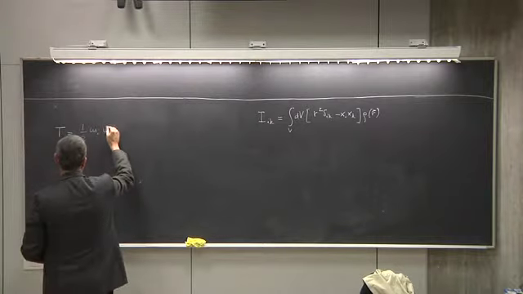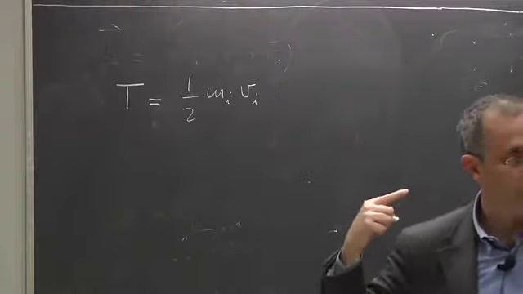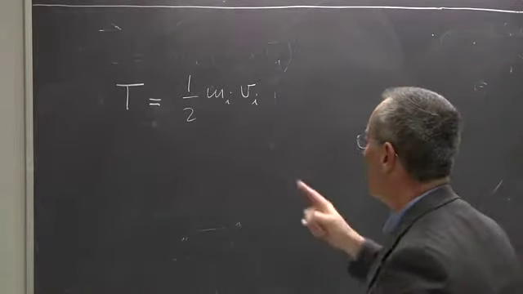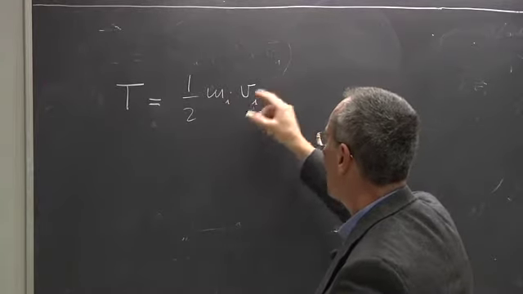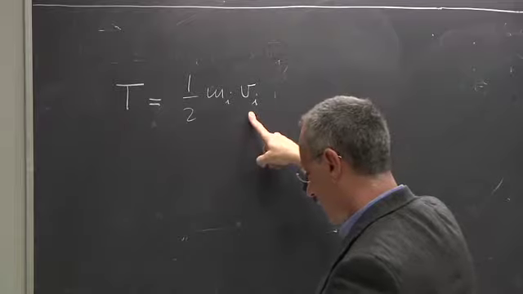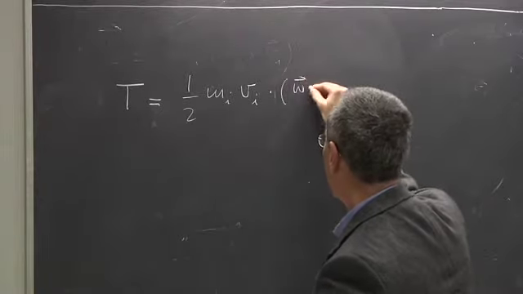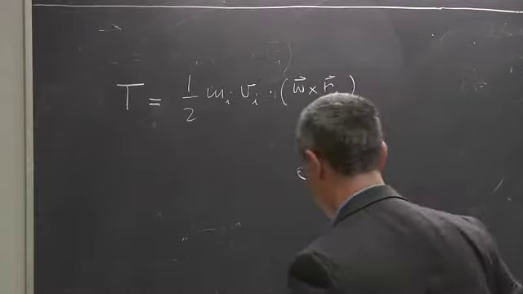I write it this way because I want to bring in this tensor somewhere. That means I want to bring in the angular momentum. So I write 1/2 mv square. I write one v like this, and then the other v I write using the angular momentum, right? ri.